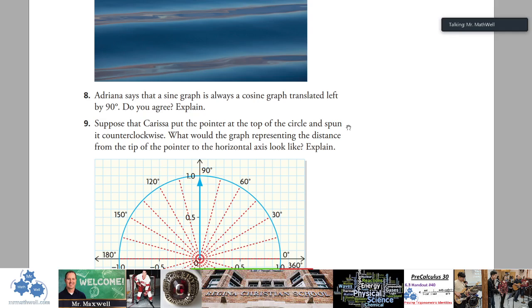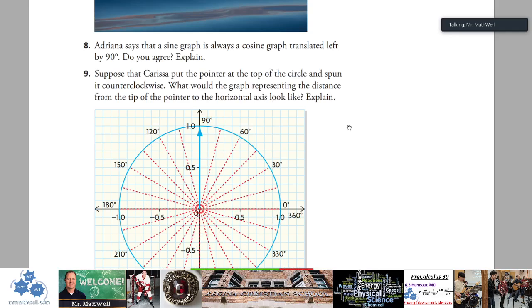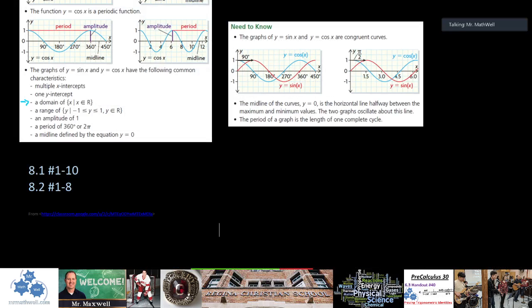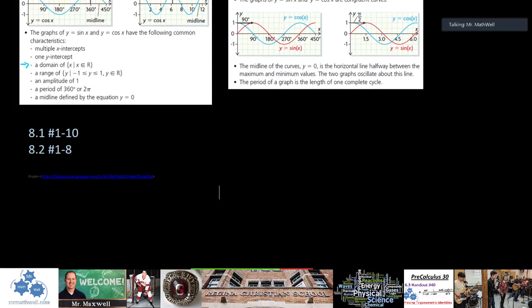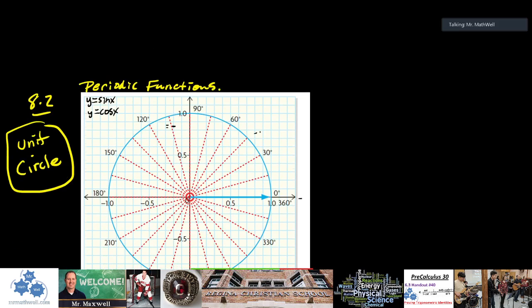But I do want to move quickly to 8.3 and give you lots of time to do your homework, because 8.3 just continues on what we're learning in 8.2. So 8.2 is going to be questions number 1 to 8.